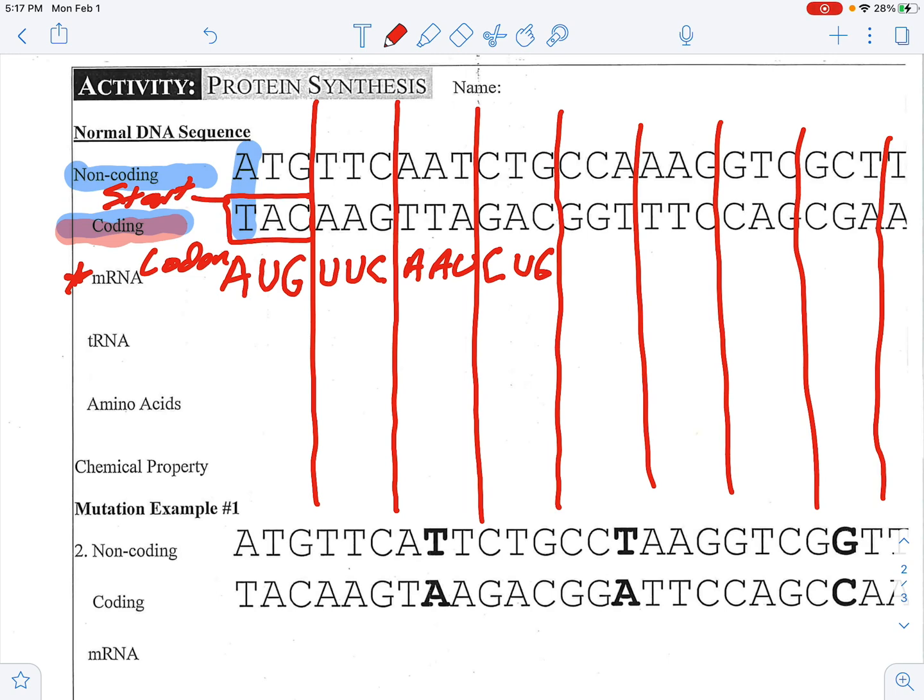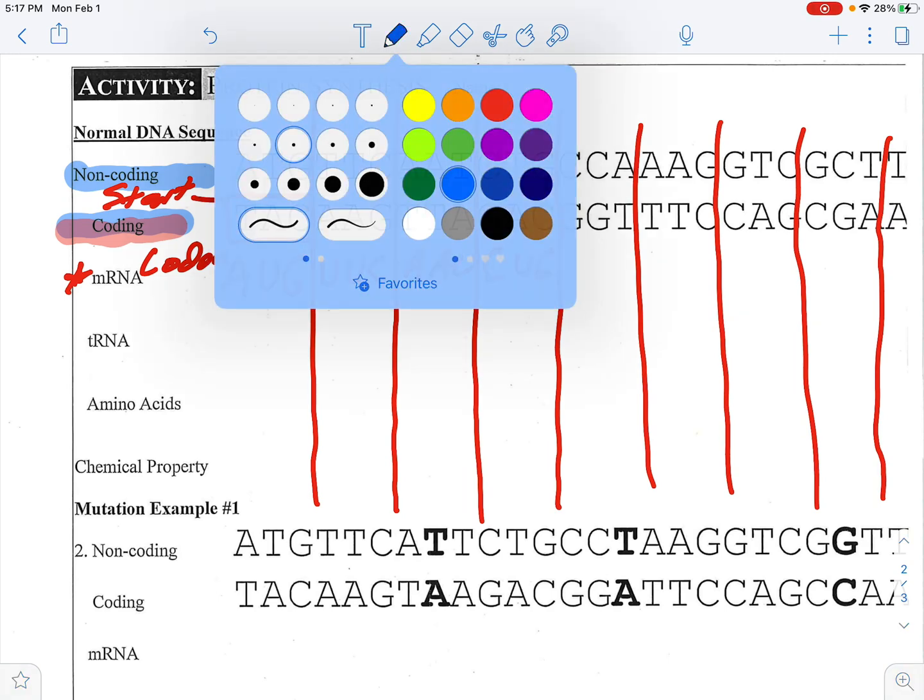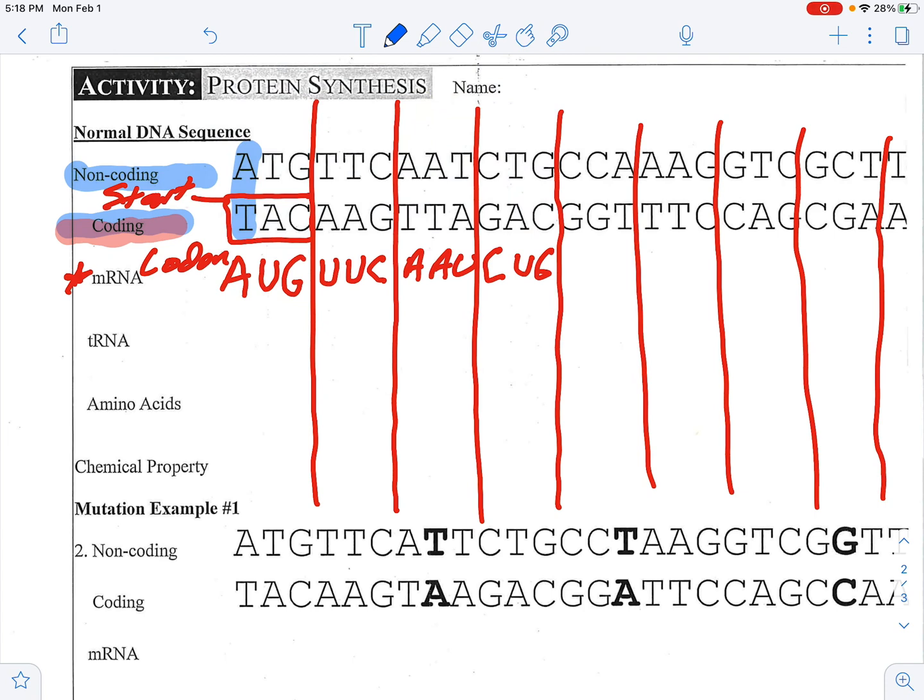So again, it's still the idea of complementary base pairing. So if the messenger RNA has an adenine, on the transfer RNA there is going to be a uracil. Again, we're dealing with RNA. The language of RNA has U's, no T's. So messenger RNA has a U, the transfer RNA will pair in an A.